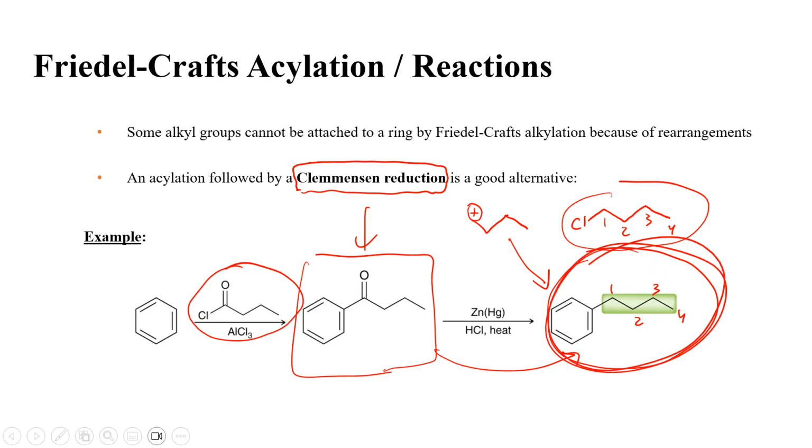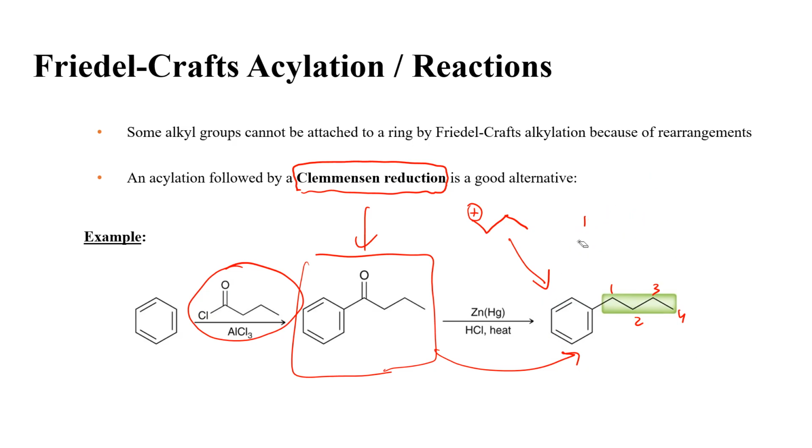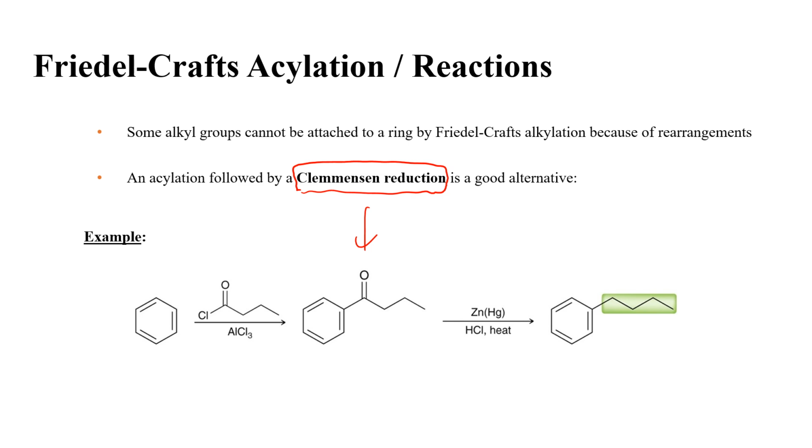So this is a nice way to get an alkylated product that avoids a mixture, right? You're just going to get this one. So to be honest, most of the time you're going to use Friedel-Crafts acylation to install alkyl groups because you avoid the possibility of rearrangement. This is why this is so useful.